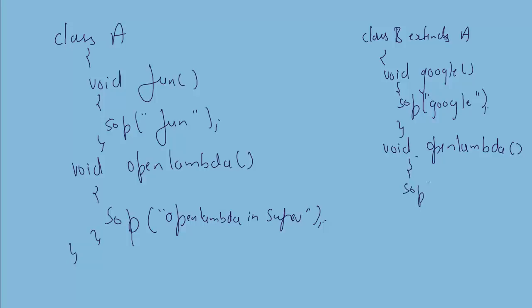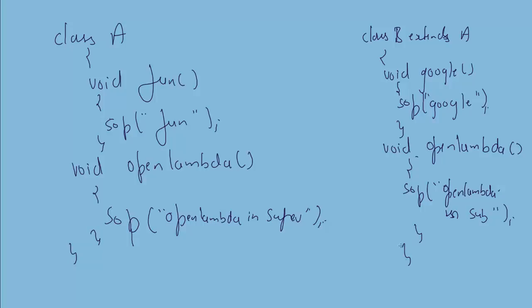So when the signature of the method is same as the method available in the super class, then that particular concept is called overriding.